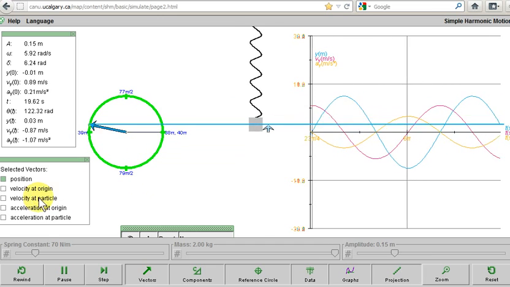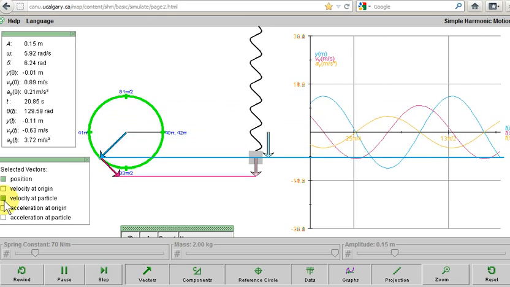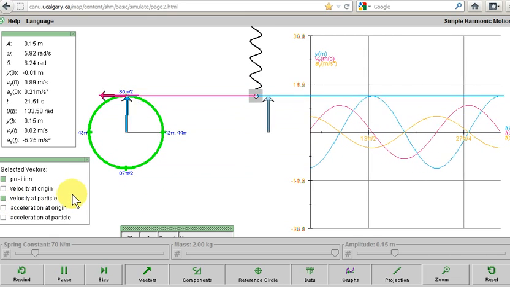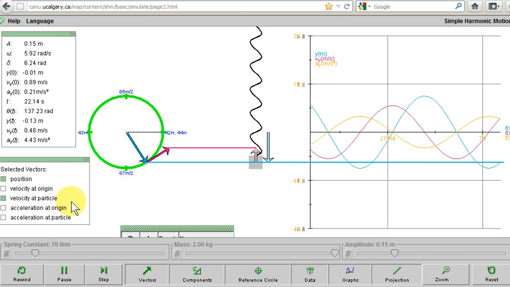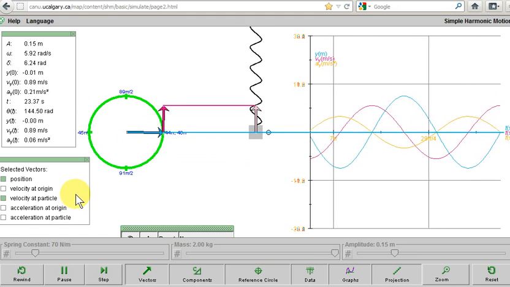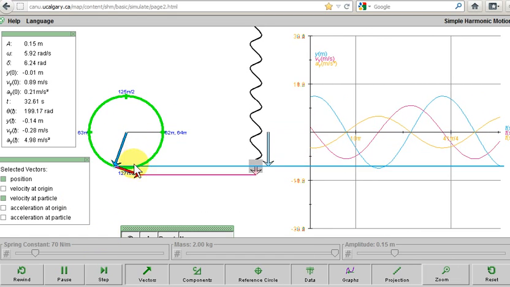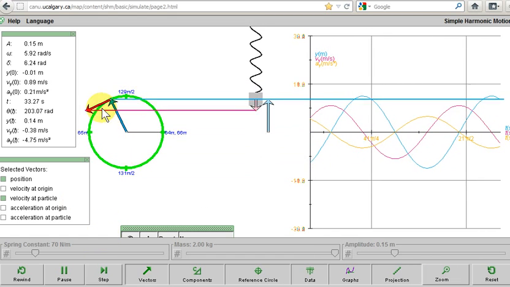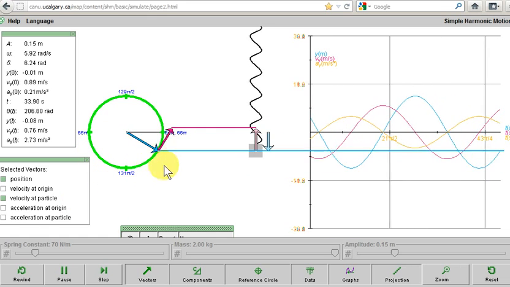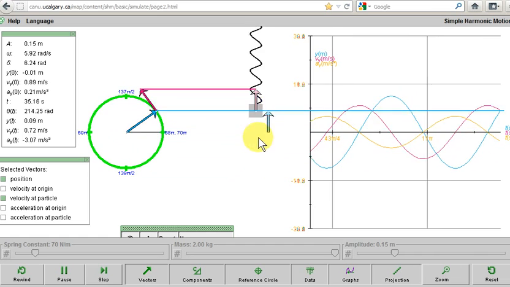We can also show the velocity. The magnitude of the velocity of this point moving around the circle is the maximum speed of the mass.